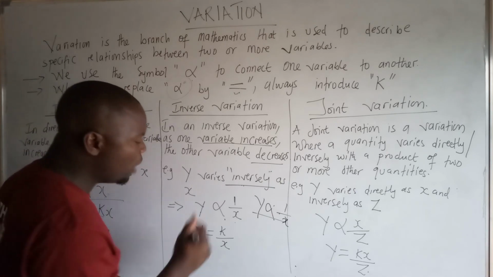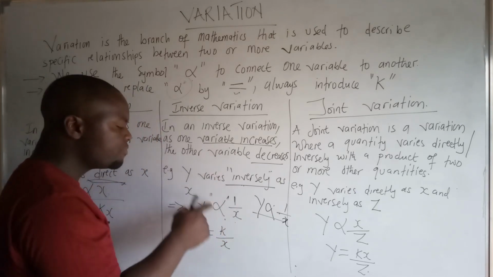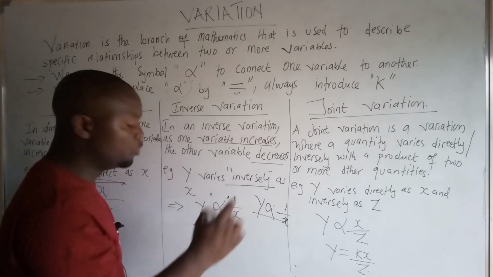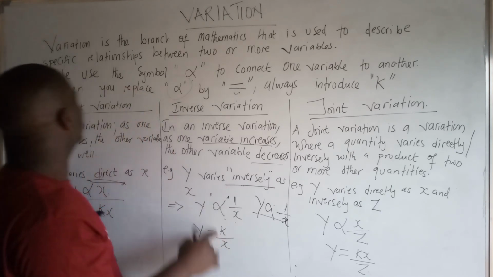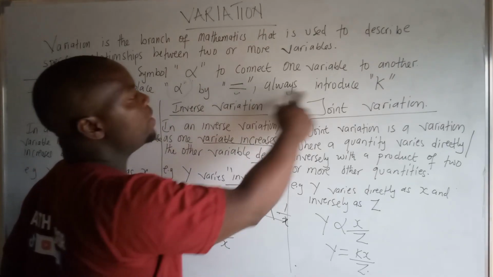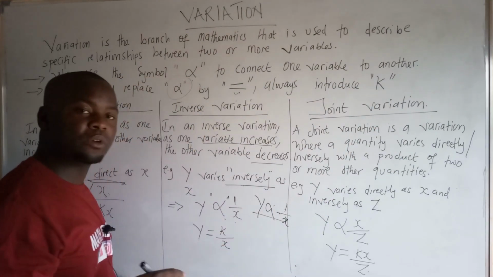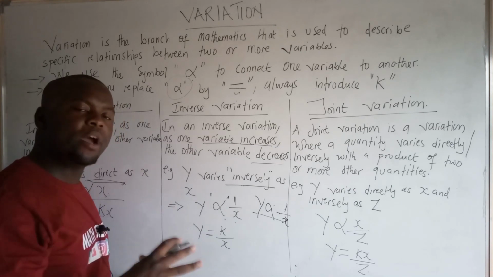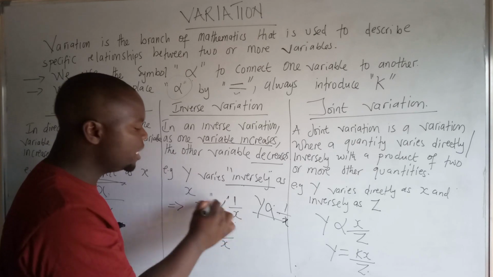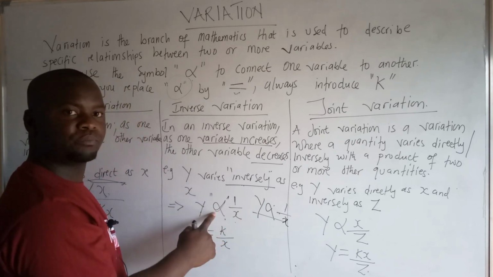When we remove the proportion symbol and substitute it with the equal sign, we introduce a k. Remember, when you replace this symbol by the equal sign, always introduce k, which is the constant of variation.